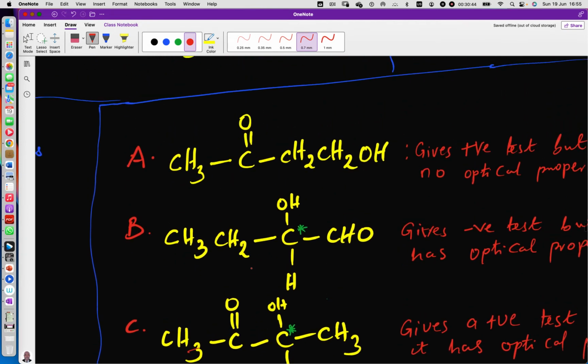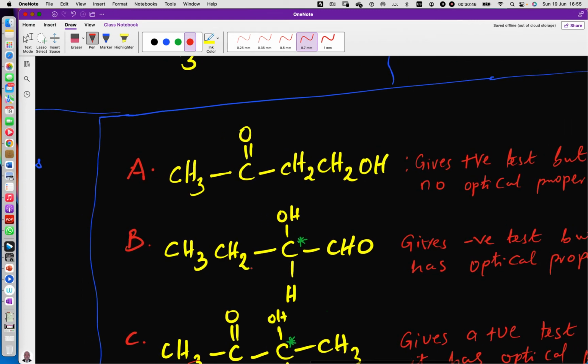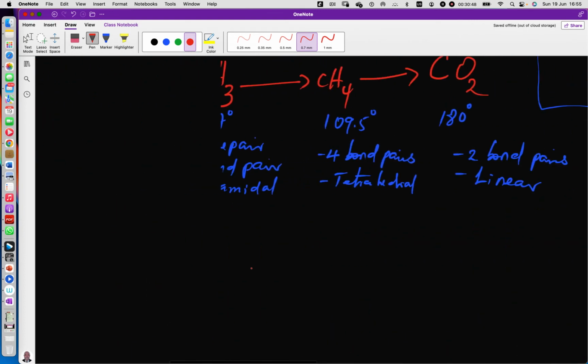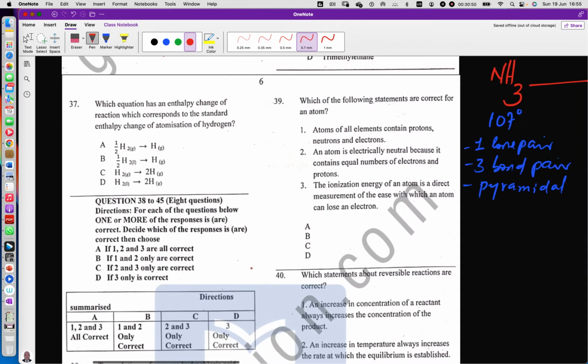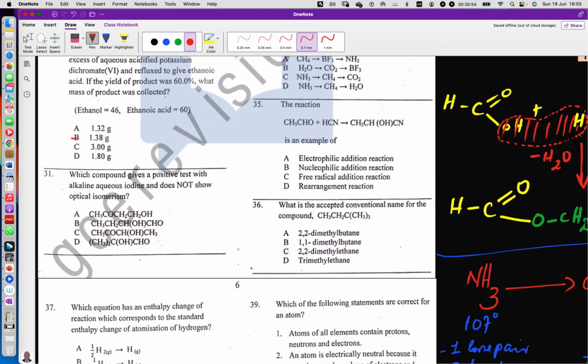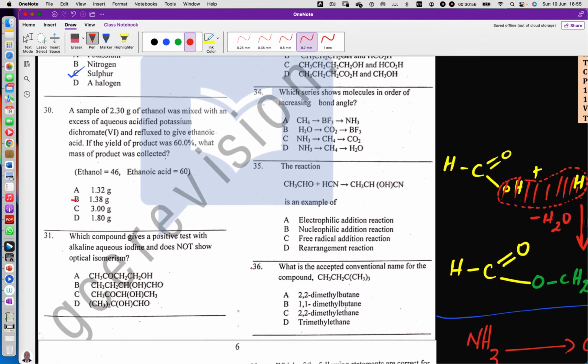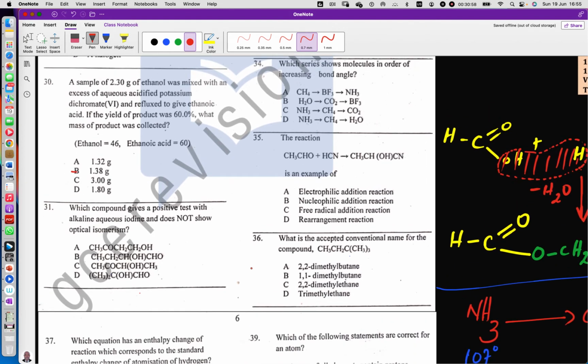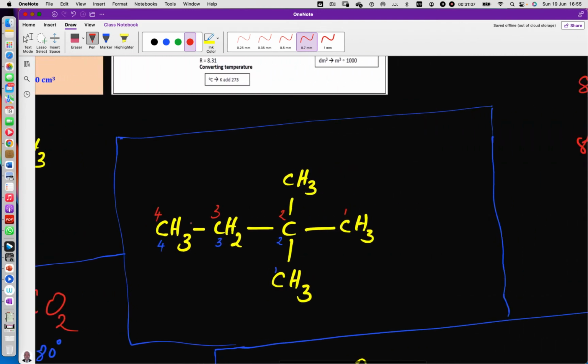They said it must give a positive test with alkaline aqueous iodine, but should not show optical isomerism. So let's analyze our compounds.